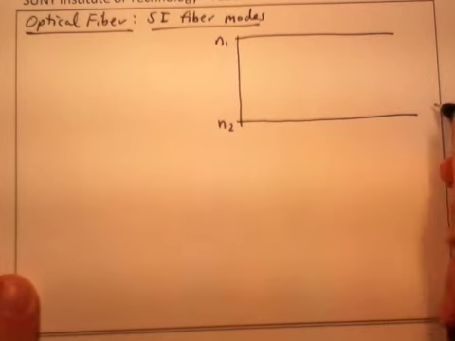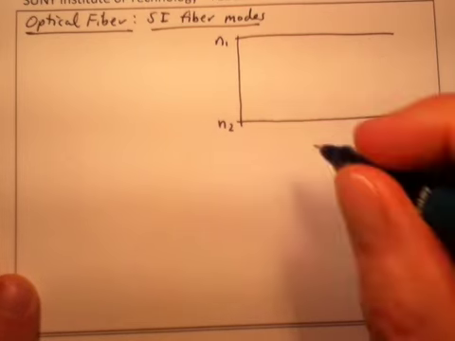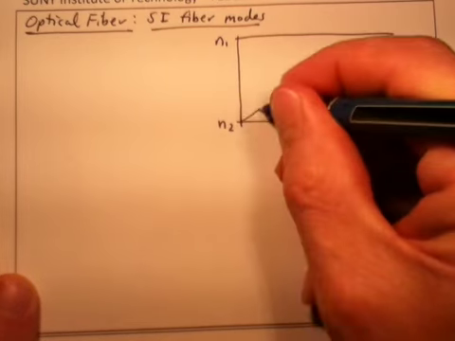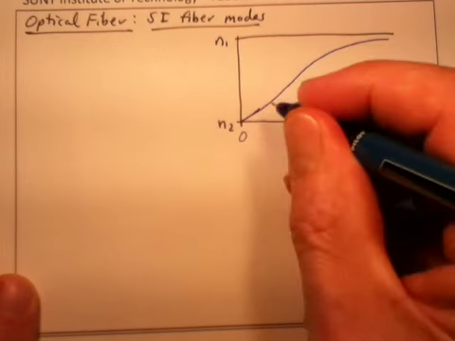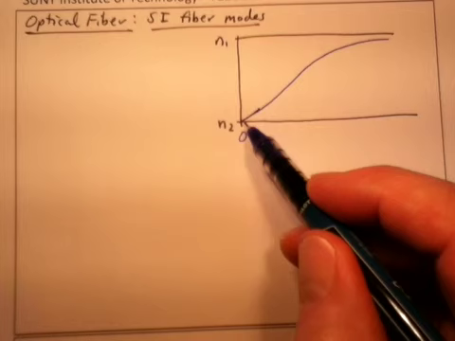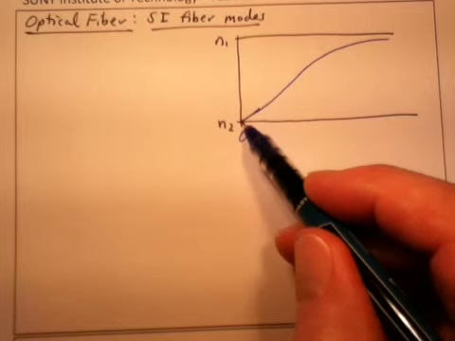And I'm going to draw that the first mode really does start at 0 here, consistent with the fact that it's a symmetric type of geometry.